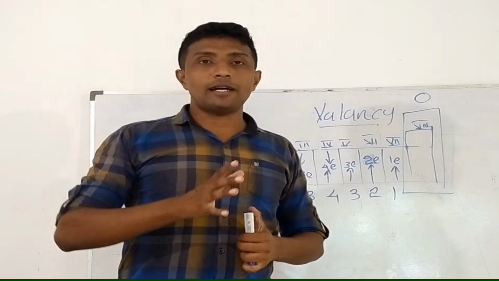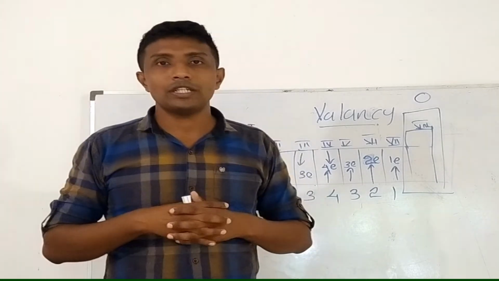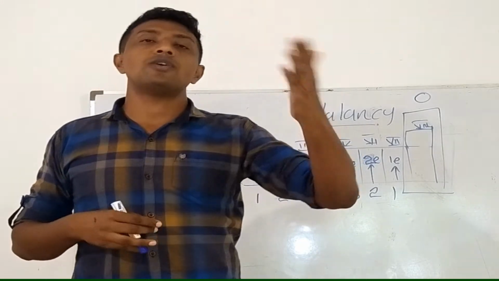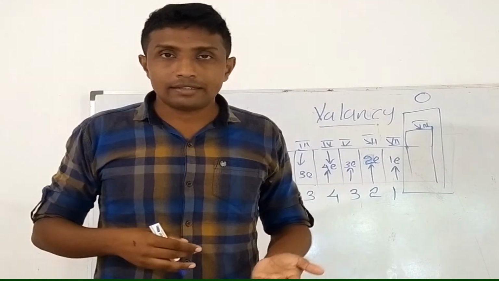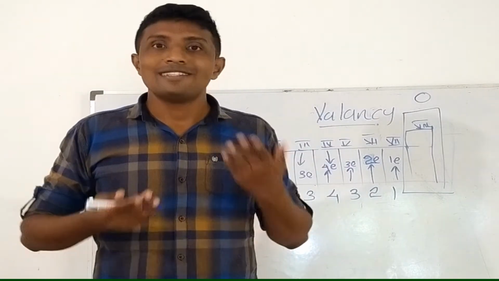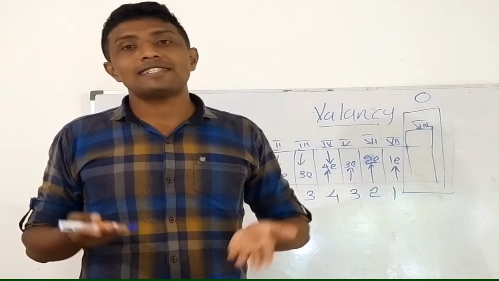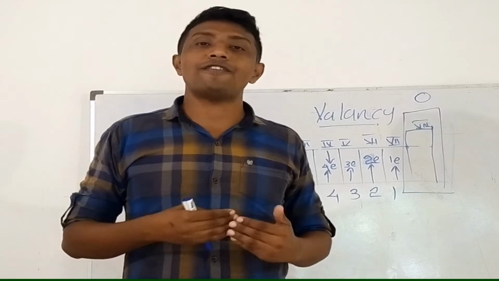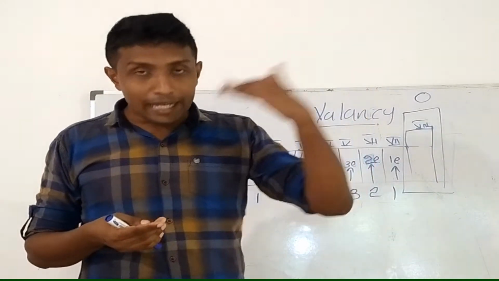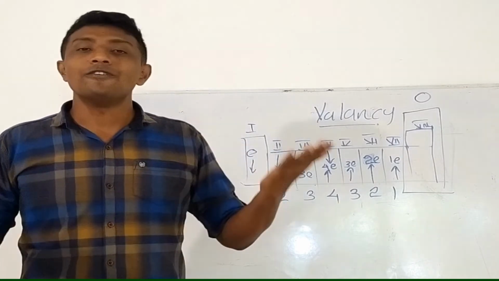So valency is the capacity of an element to give away 1 electron, or 2, or 3, or 4 electrons. Similarly, valency can also be considered as the capability of an element to take 1, 2, 3 or 4 electrons.